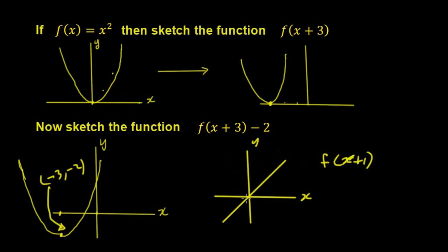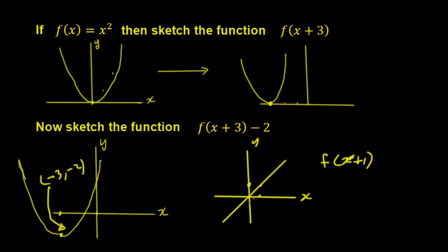So let's say with the point 0, 0. Then the point 0, so x would now be 0, but the y value would be f of x plus 1. Well, f of x plus 1, well, it's 0 plus 1 is 1, so we come along 1, we go up 1, and we hit that axis. So it means that at the point 0, it'll have a value of 1. So that's a point up here now.